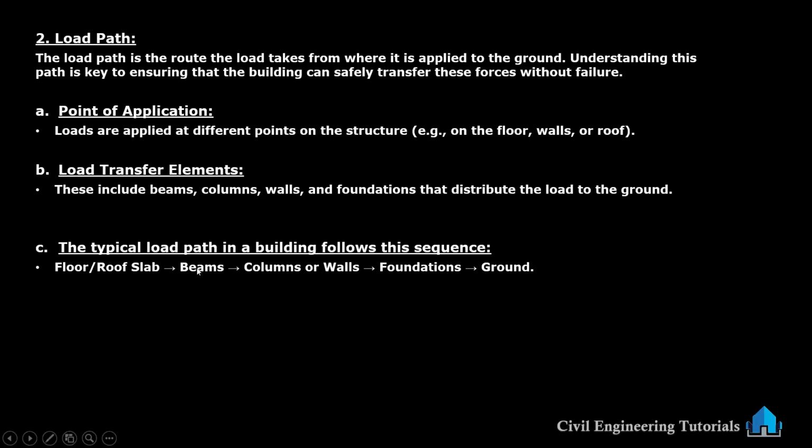Then from beams, the load goes to columns or walls. Then from columns or walls, it goes to foundations, and from foundations, it goes to the ground. So this is the load path in a building.